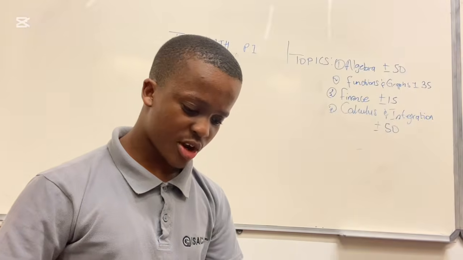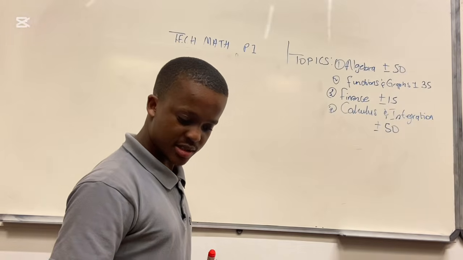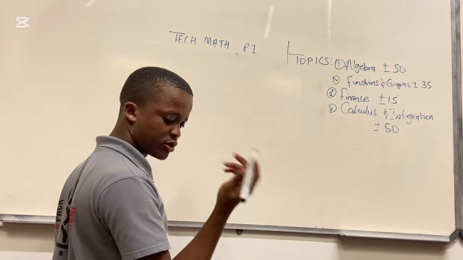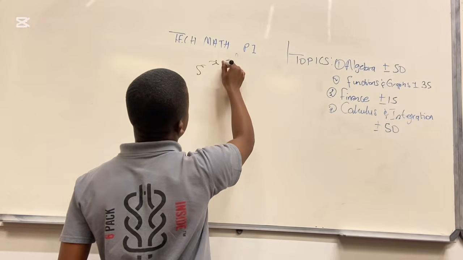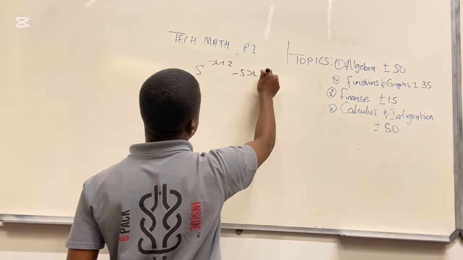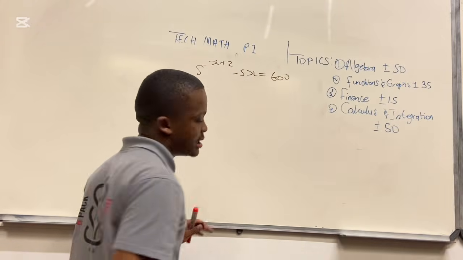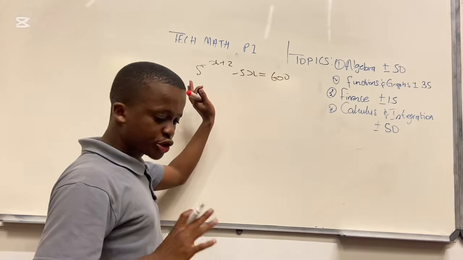So it's very, very important, guys. Those are your hard questions. Then let's say we have to solve for x: 5 to the power of x plus 2 minus 5 to the power of x is equal to 600. Now we don't have logs, they just want us to solve for x.